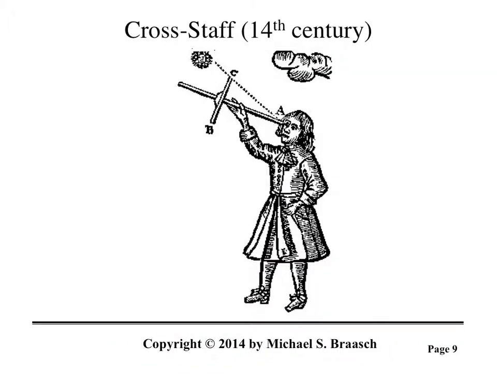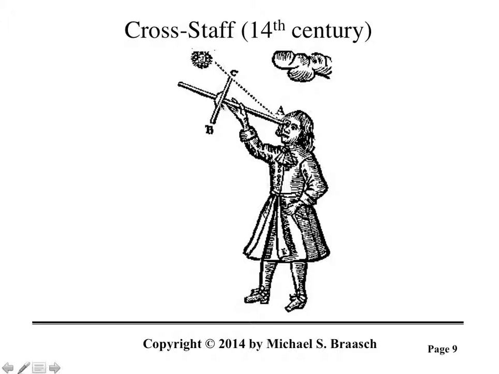So how do we do that? Well, here was an early instrument that they used for these purposes. This was called a cross staff, and you had this cross piece, and you could move it back or forth along this long piece. And the idea was to take the bottom part and put it on the horizon, and then you'd move the cross piece so that the top of the cross piece was lined up from your eye to the object of interest, the North Star, for example.